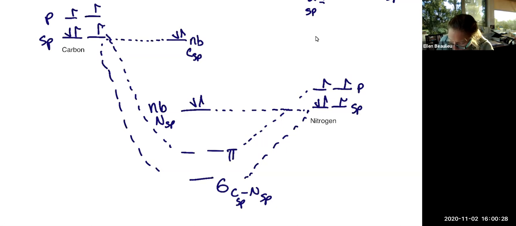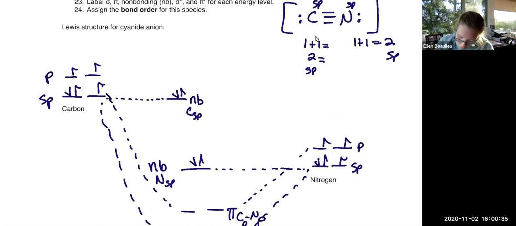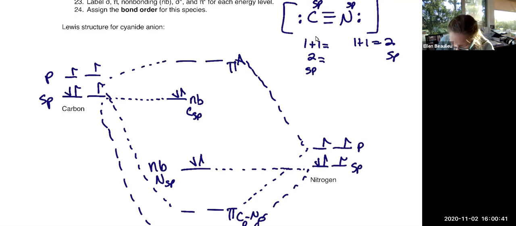We have 2 pi bonds between carbon and nitrogen overlapping p orbitals. And if we mix to form a bonding interaction, we must also mix to form an anti-bonding interaction. So we make pi star orbitals. And we make sigma star orbitals.